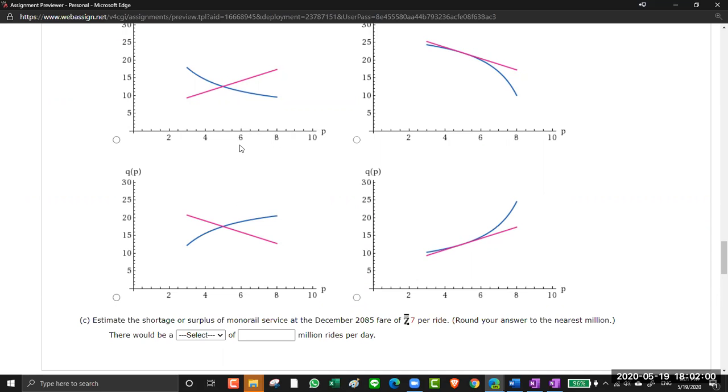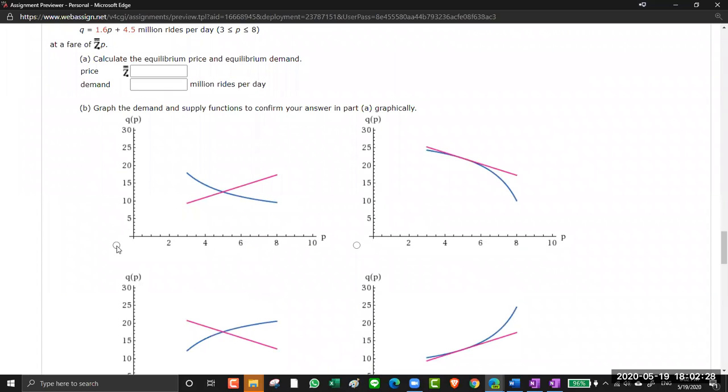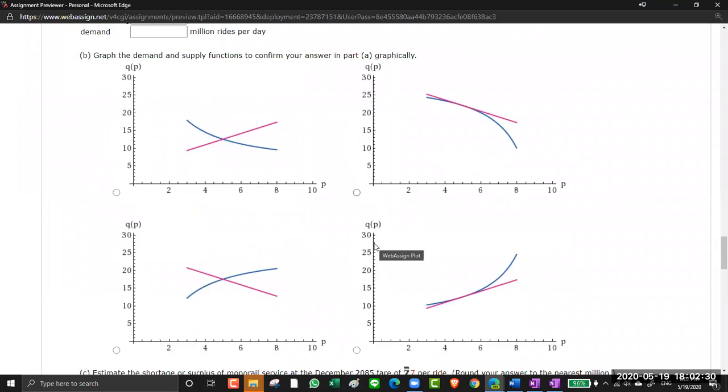The difference between the two is that here the downward sloping one is not linear, and here the downward sloping one is linear. Which one is downward sloping? This one, and that's not linear. This one is upward sloping and this is linear. So the downward sloping one is not linear, so it must be this one.